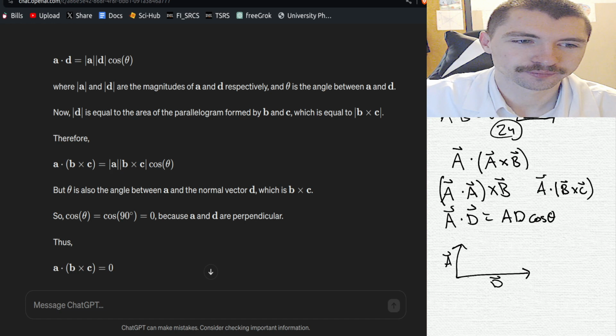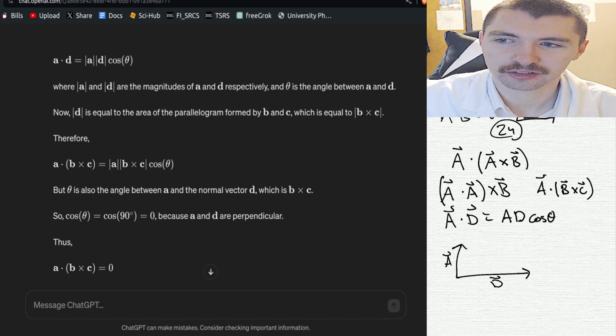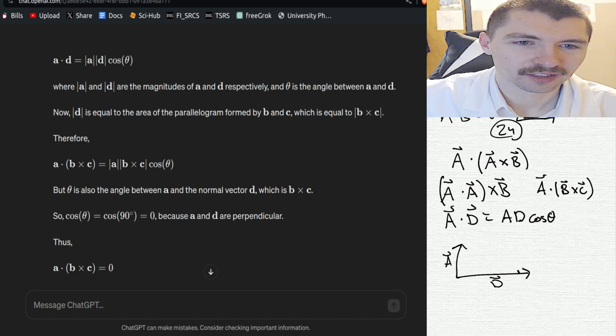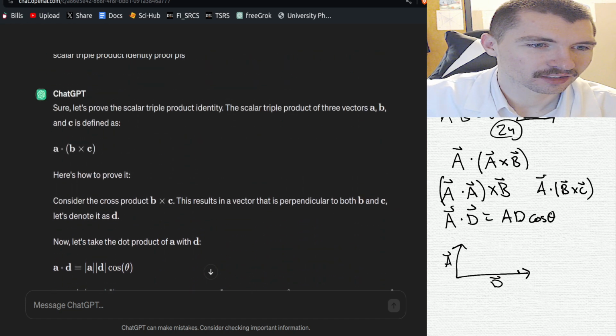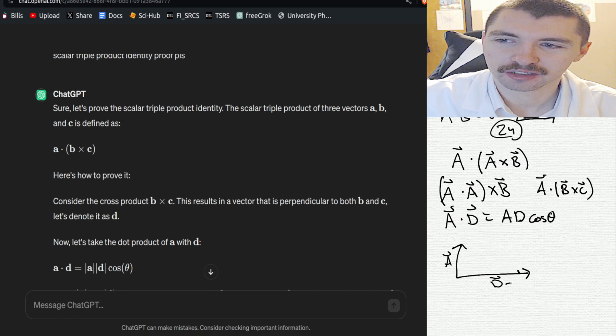And it's saying the magnitude of D is equal to the area of a parallelogram by B and C. Okay, so it's saying D is B cross C.